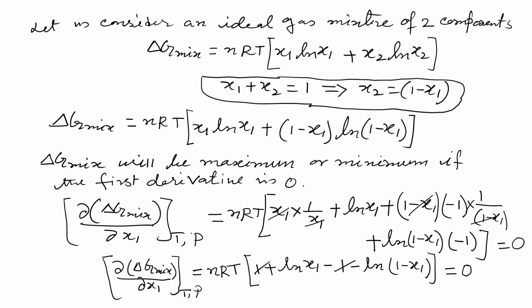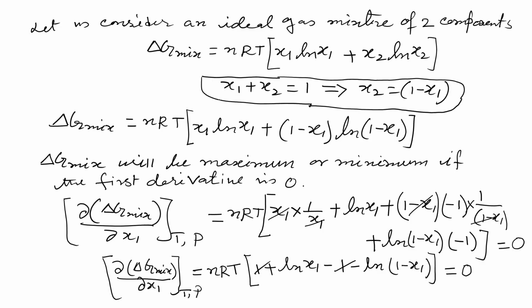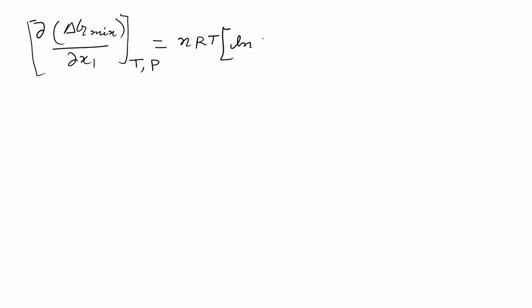So we'll go to the next page. So what we got, that is dole of delta G mixing by dole x1 at constant temperature and pressure, that is equal to nRT, and what we got, ln x1 minus ln 1 minus x1, and that is equal to 0.